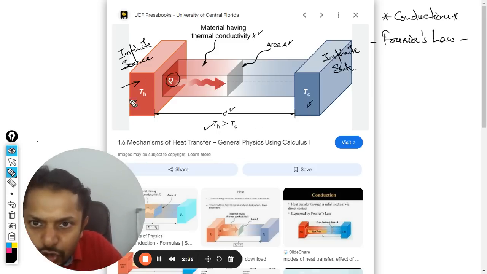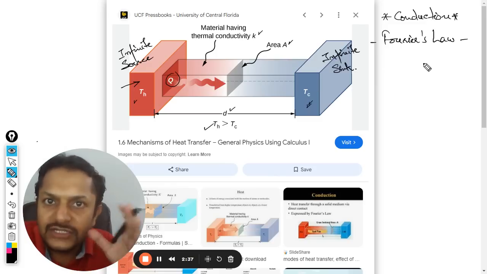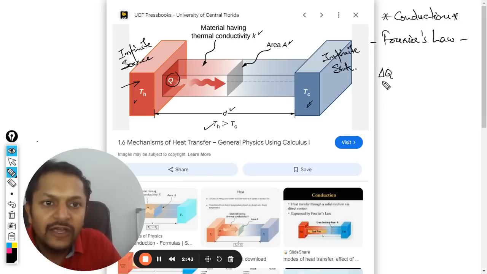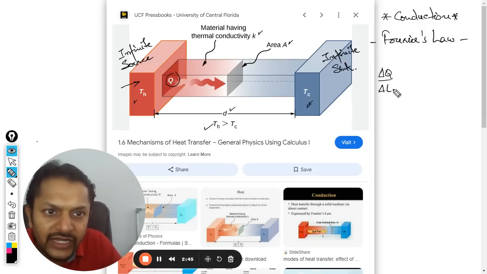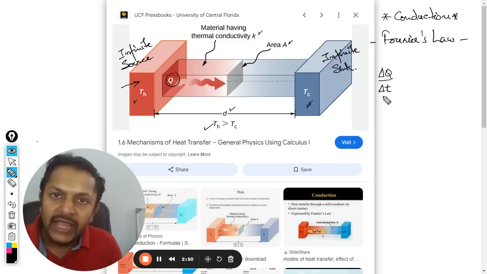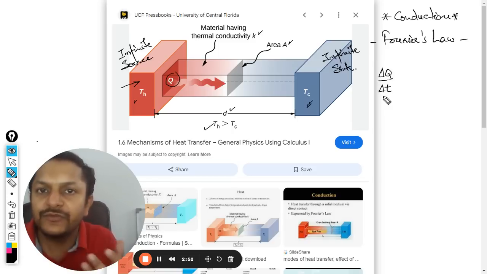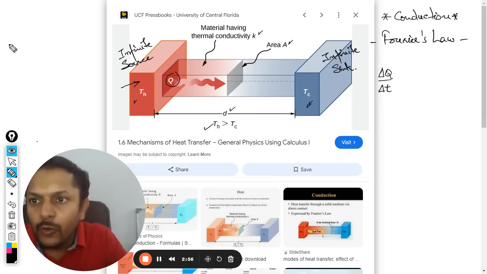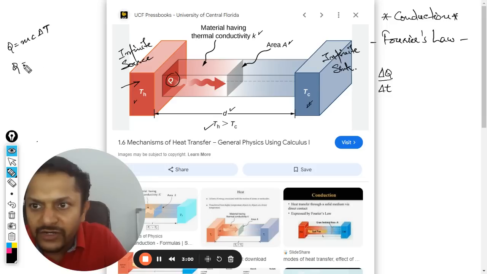Now, what is this Q here? Fourier's law says we are not interested in the total amount of heat that has flown. We are interested in the amount of heat going through the rod per unit time. The flow rate becomes very important in this topic. Till now we used Q equals m c delta T, and Q equals m L for latent heat.